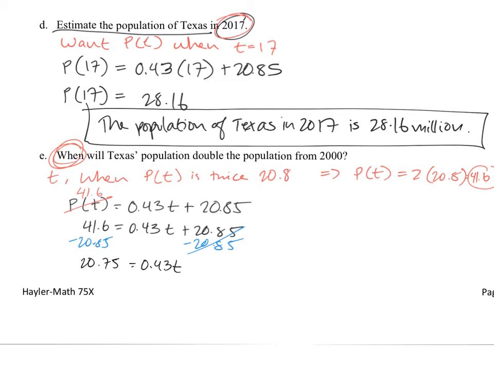Now let's go ahead and divide by 0.43. Before I do that, I'm going to go ahead and get rid of this so I can do a little better job of writing. Okay, dividing both sides. And I get 48.25 is approximately t.